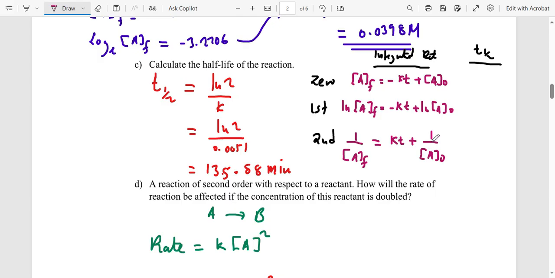Okay. And then the next thing now to know is the half-life equations for each one of them.